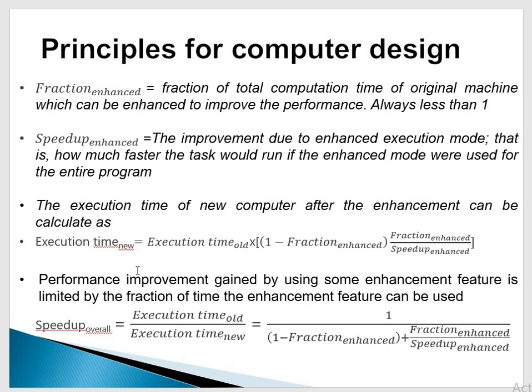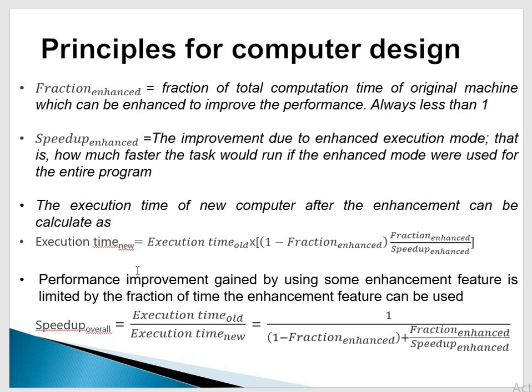For example, say we have a machine and we want to enhance the performance of that particular machine. One thing is we could enhance the performance of each and every part, hardware and software, of the machine to get the enhancement. That is a very difficult task.